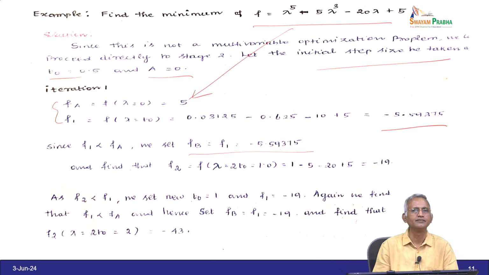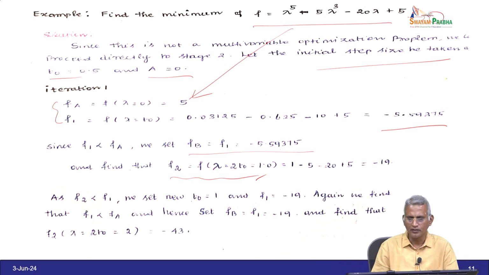Now, to find f2, the rule is f of lambda equal to 2 t naught. So, 2 into t naught, which is 0.5, is equal to 1, and substitute f of 1 in the given equation.